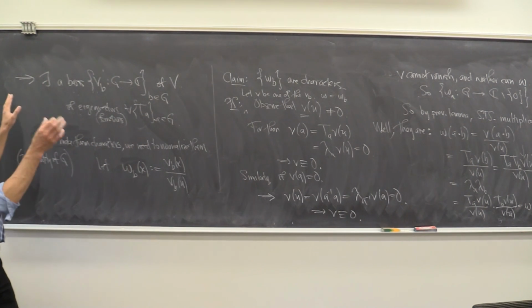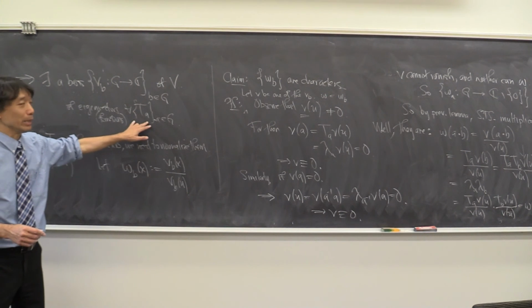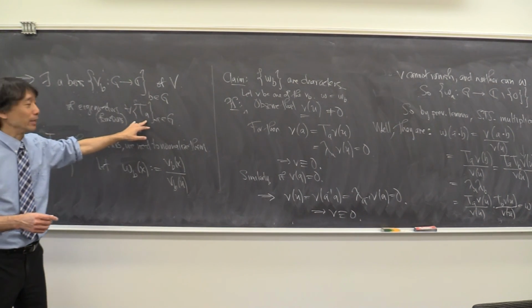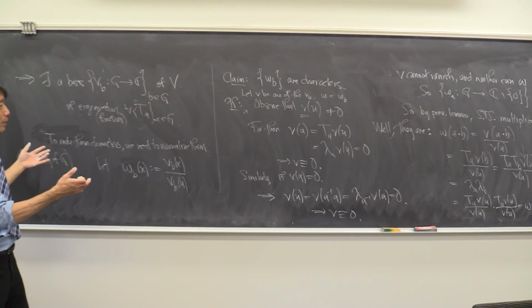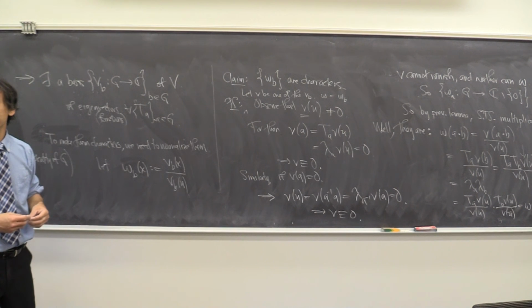It was the natural thing to do. We wanted to create characters. We created this family for which eigenvectors would basically be characters, then we got the eigenvectors, and we just had to fix them up a little bit, and then they turned into characters.